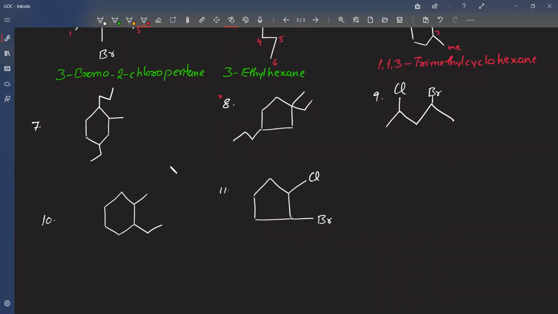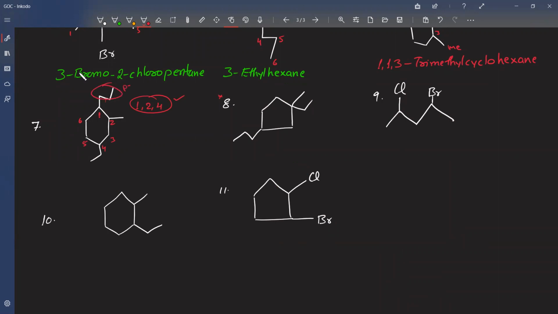Let's move to the next one. I wrote 4 ethyl, 2 methyl, 1 propyl cyclohexane. That's correct. So the numbering has to start from here. We have to number in such a way that the positions are 1, 2, and 4. Only this will be the scheme where you will have the lowest numbers.